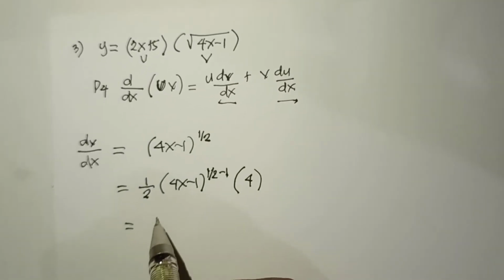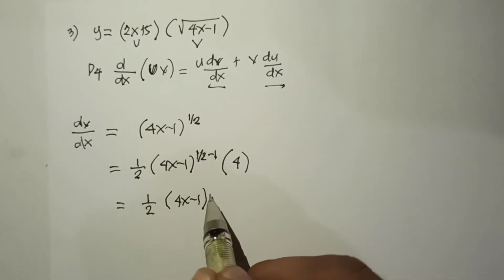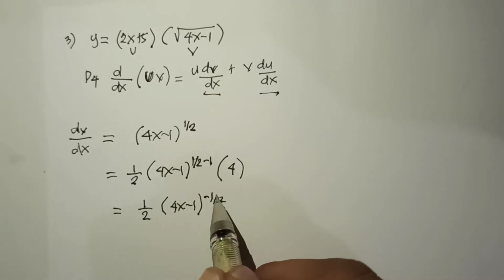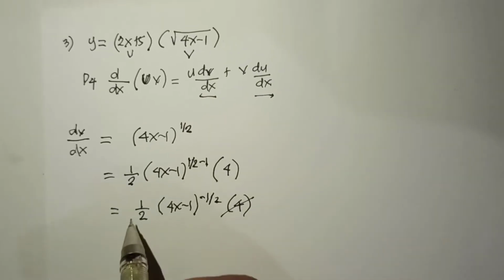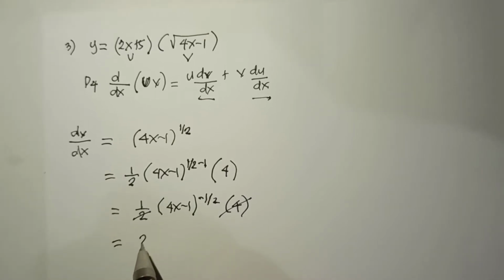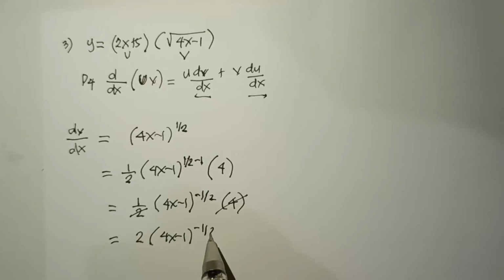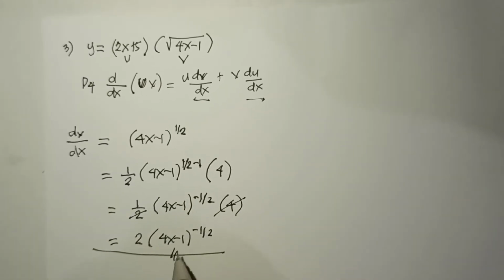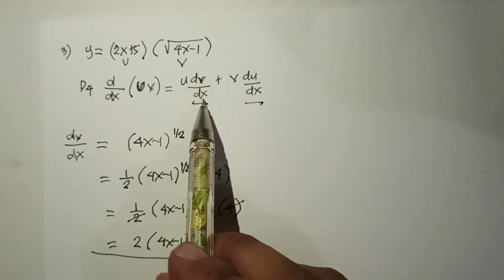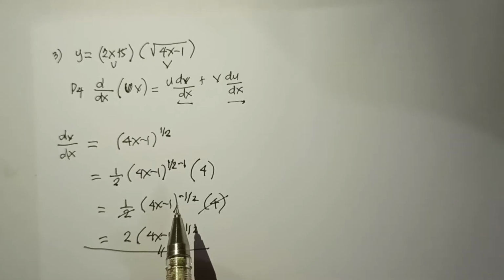So this will become 1/2 times 4x minus 1 raised to negative 1/2 times 4. So simplify, cancel this part. We have 2 times 4x minus 1 raised to negative 1/2. So this is the result of the derivative of v with respect to x. Gagamitin po natin yan later.